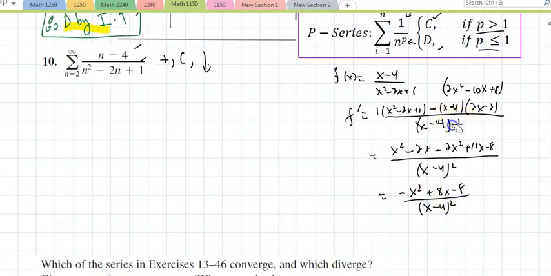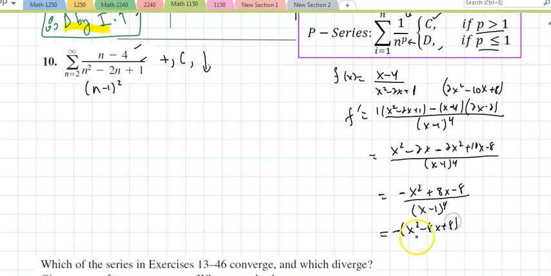Okay, I do see a mistake that I made. Over the denominator squared. Now the denominator, isn't this denominator really n minus 1 squared? So isn't that x minus 1 squared? That's a 4. And now I'm going to take the top and see if I could factor it. That would be negative x squared minus 8x plus 8 over x minus 1 squared.